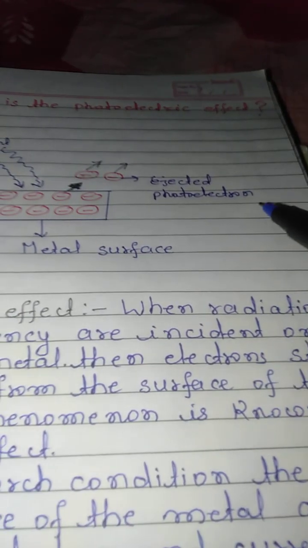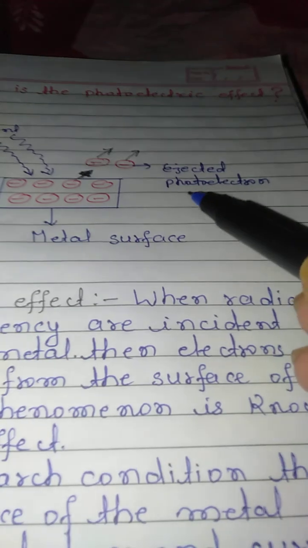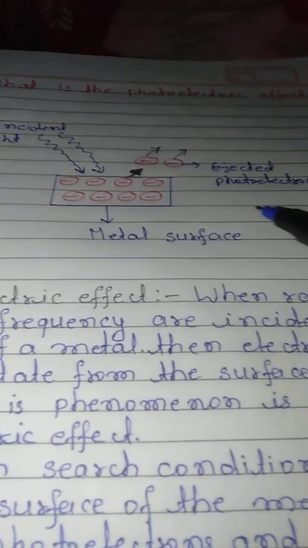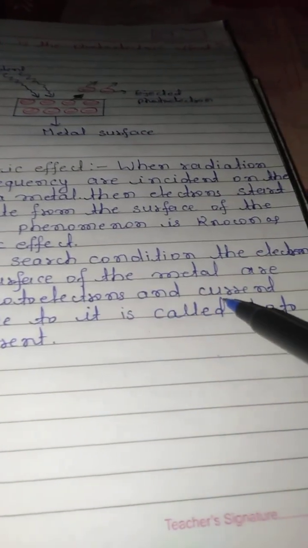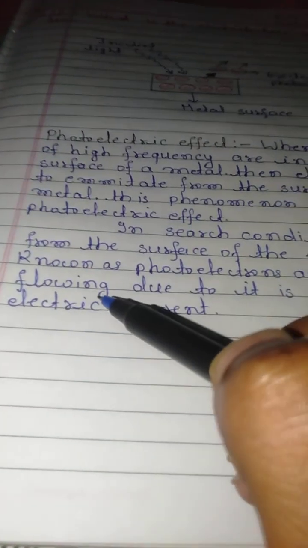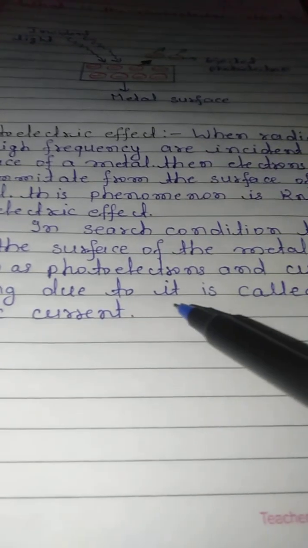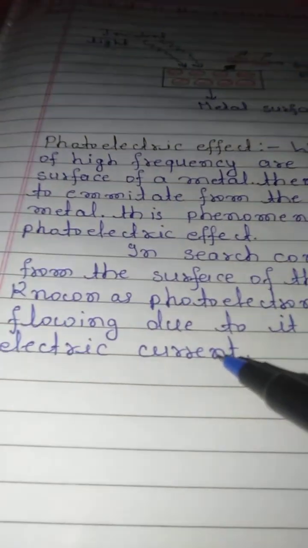Here photoelectrons are emitted from the surface of the metal. And the current flowing due to it is called the photoelectric current.